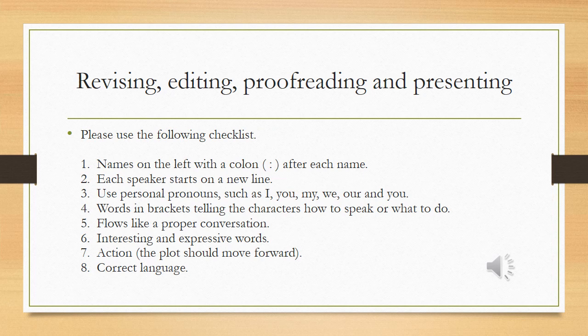Words in brackets telling the characters how to speak or what to do. Flows like a proper conversation. Interesting and expressive words. Actions, the plot should move forward. There should be action in your dialogue. And then obviously the correct academic language.